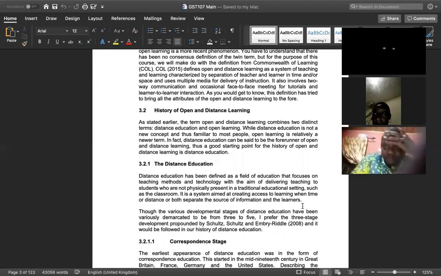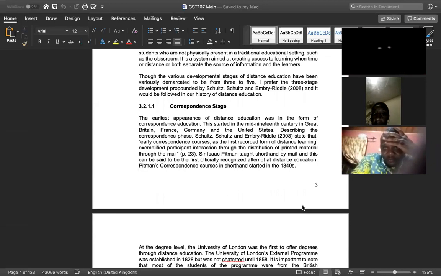So, distance education started at the very beginning as correspondence. I don't know how many of you are old enough to be familiar with Pitman's shorthand. All those things were done as correspondence.